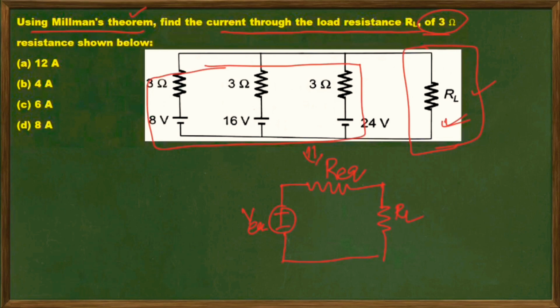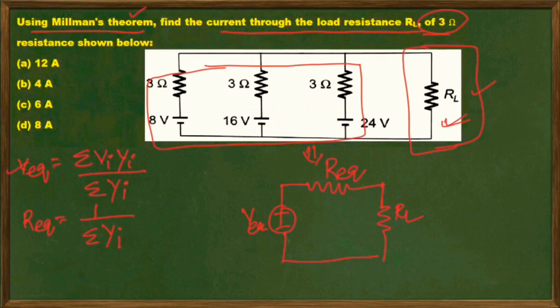Here V equivalent equals summation of Vi into Yi divided by summation of Yi, and R equivalent equals 1 by summation of Yi. You need to remember these two formulas. While dealing with Millman's theorem, you can directly apply these two formulas and easily solve any question. Here Y is the reciprocal of the R value, in mho. This is the admittance.